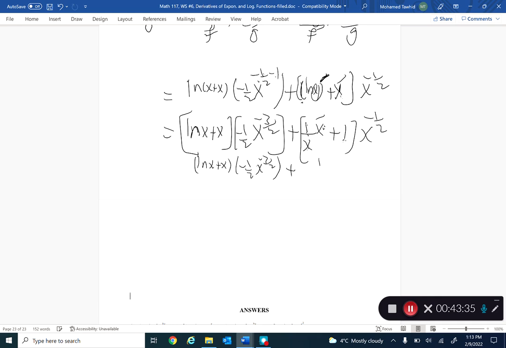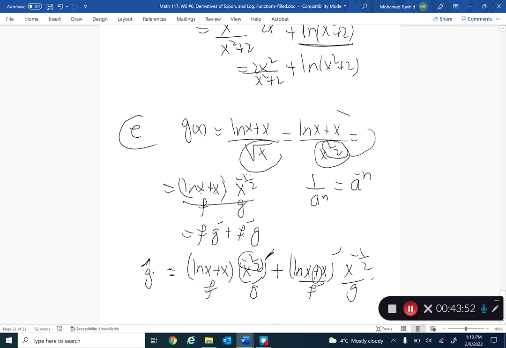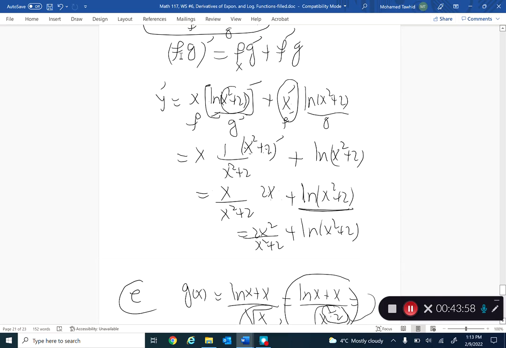And here, just 1 over x plus 1, and x to the power negative 1 over 2. You leave it like this, you don't need to simplify anything. Some people ask, can I use the quotient rule here? Yes, it's correct. If you use the quotient rule, it is absolutely correct. Either way, it's mathematics, right?